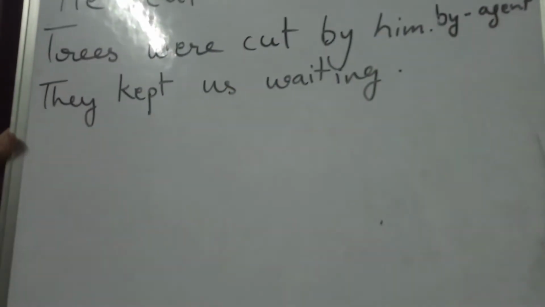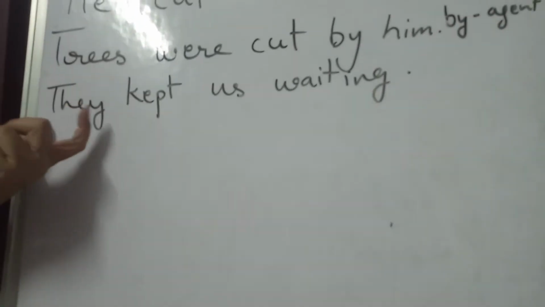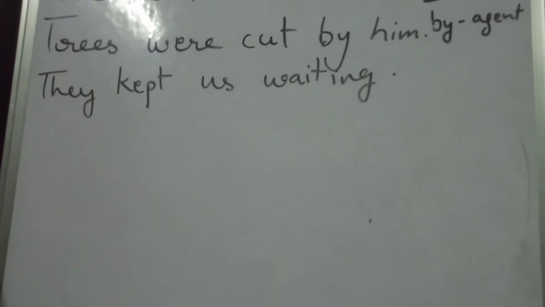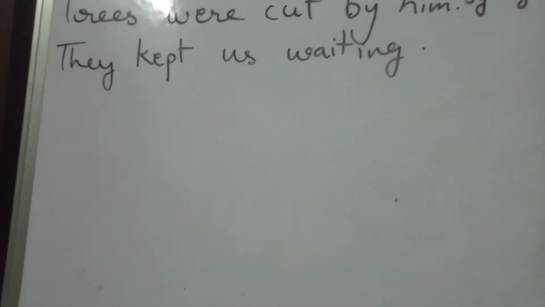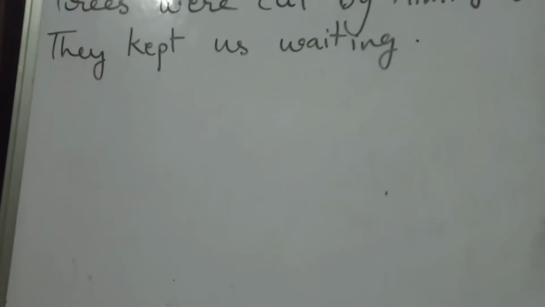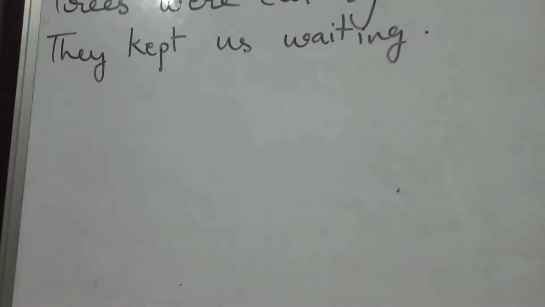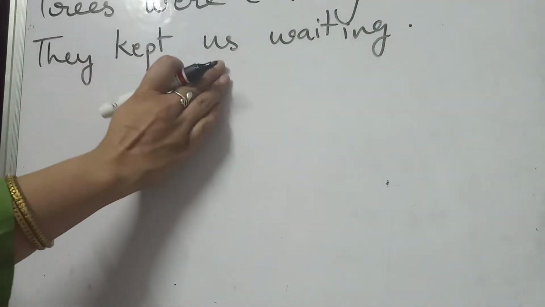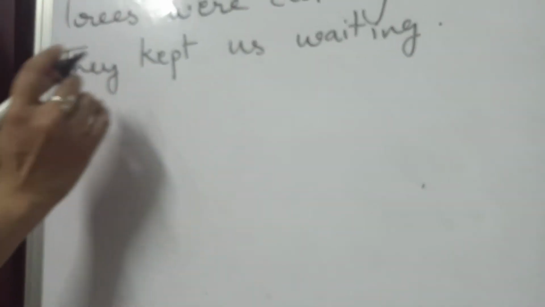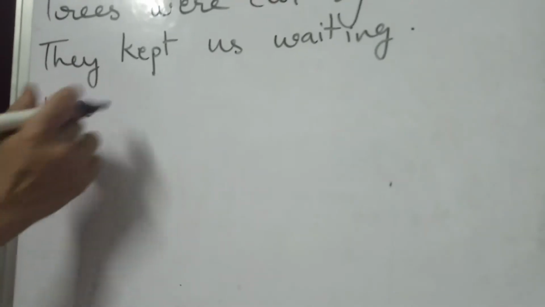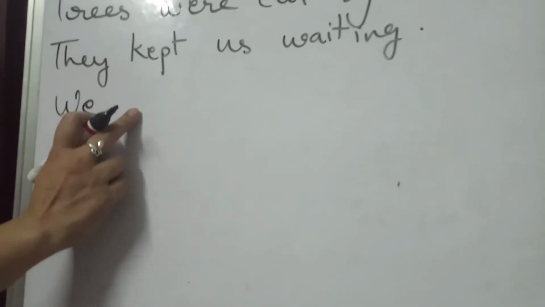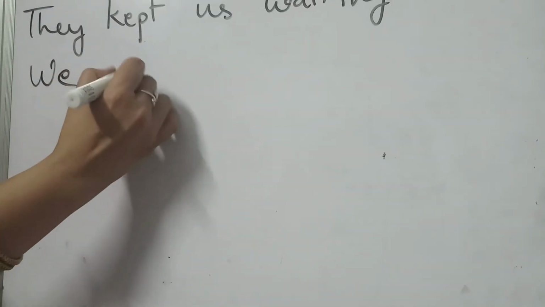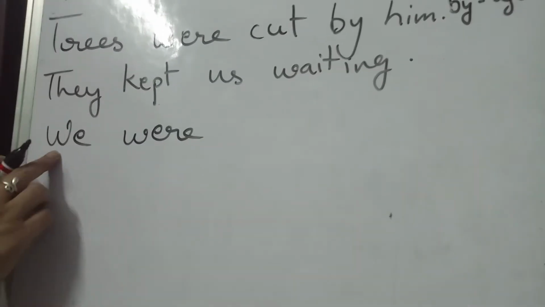They kept us waiting. Now, as a rule: subject, verb, object. They kept us waiting. I suppose if you have joined the class, this was explained to you. Now, us becomes we, and if we take it as plural verb agreement, were.